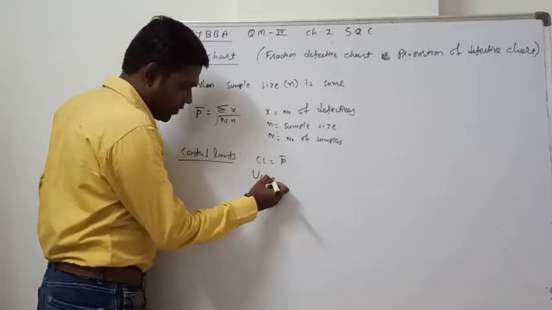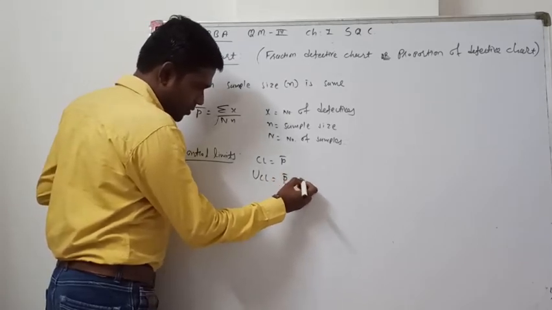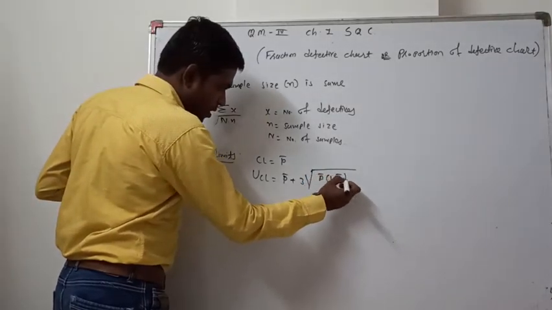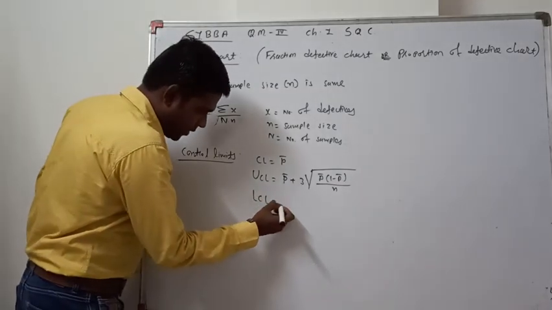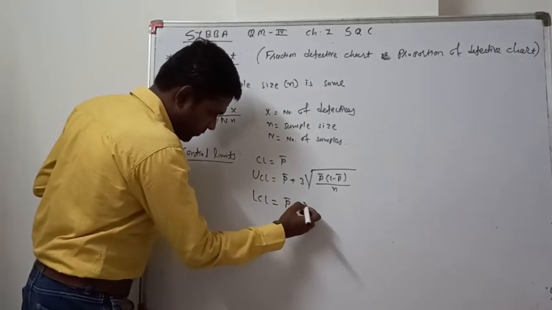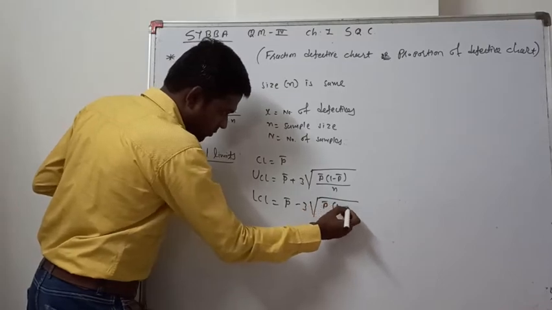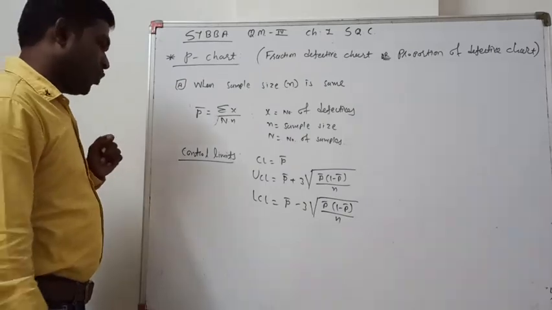Next we have to find UCL, that is P bar plus 3 square root of P bar into 1 minus P bar upon small n, and lower control limit, that is P bar minus 3 square root of P bar into 1 minus P bar upon n. So these are the three formulas.